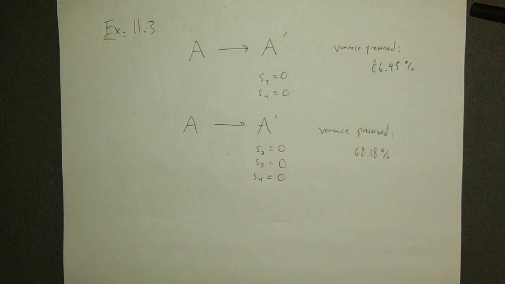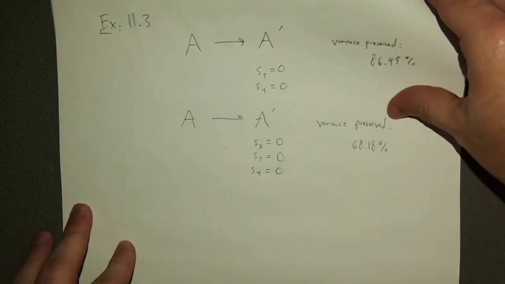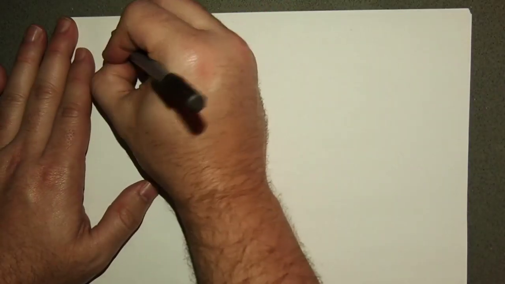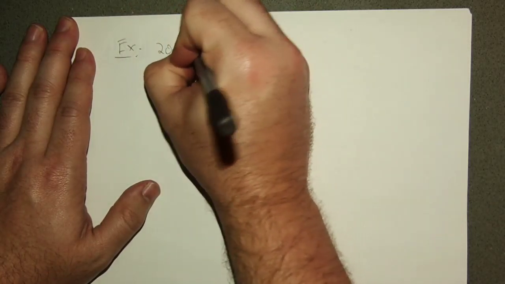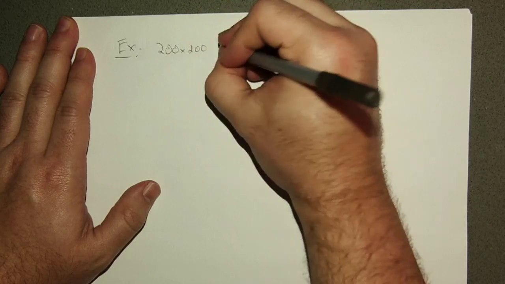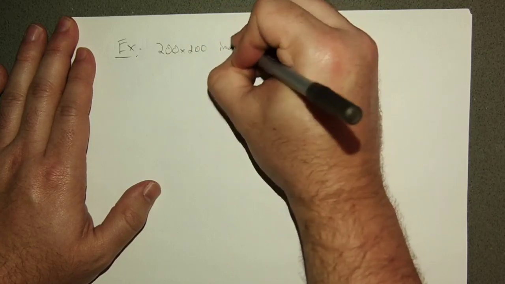Okay. Moving on. So Justin put a picture of himself as a kid here in his notes to show how image compression works for a matrix like this. So this is a 200 by 200 picture, or 200 by 200 image.